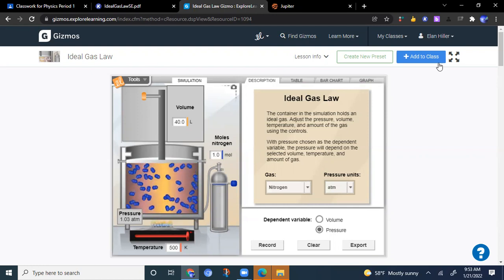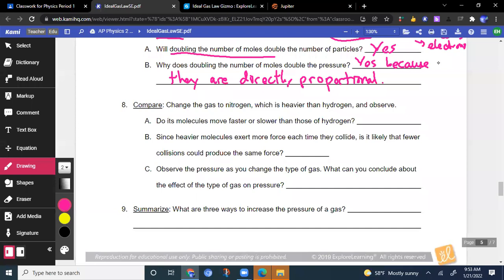But because I've got the same kinetic energy overall, hitting the walls, is the number of collisions changing or the amount of force changing? No, it actually isn't. So what is it, faster or slower? What did you guys observe? Nitrogen was slow.